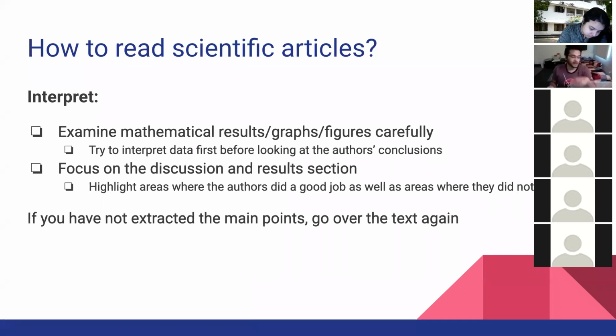Then interpret. So now you're getting into the details of it, right? So once you have a clear idea of where things are and what they're doing, where the problems are, where there are no problems, now you go into the details of it. So there could be equations, derivations, mathematical proofs, graphs and figures, depending on what field you're in.